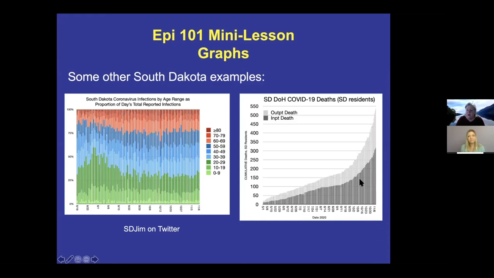The dark bar is the deaths that occur within a hospital, whereas the light gray bar are deaths that occur outside of the hospital from COVID. These are probably nursing home deaths or elderly people who tend to not go into the hospital when they have really severe disease. But I thought this was interesting, and it's holding around 60% of the deaths from COVID are actually in a hospital, and 40% are outside of the hospital.